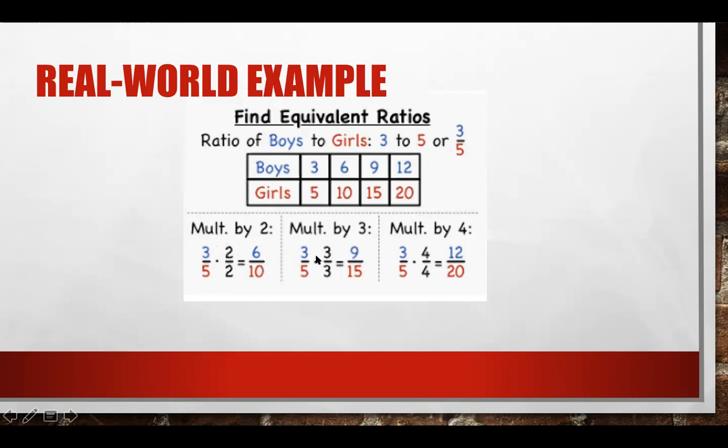And then we multiply it again and get 9 over 15 and 12 over 20. Do you see how they just multiply the top and bottom by the same number? So in order for us to get equivalent ratios, multiply the top and bottom or both numbers by the same number. Remember, it's going to change the number, not the value.